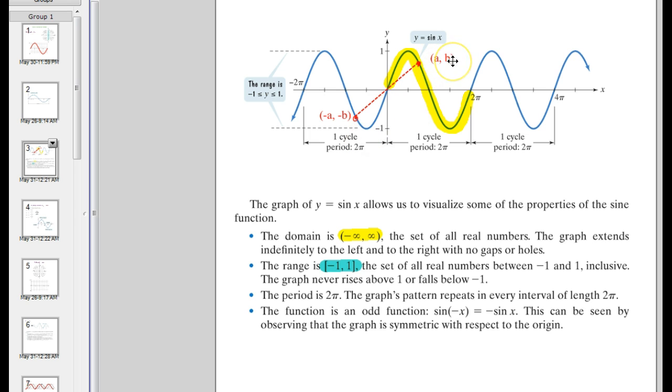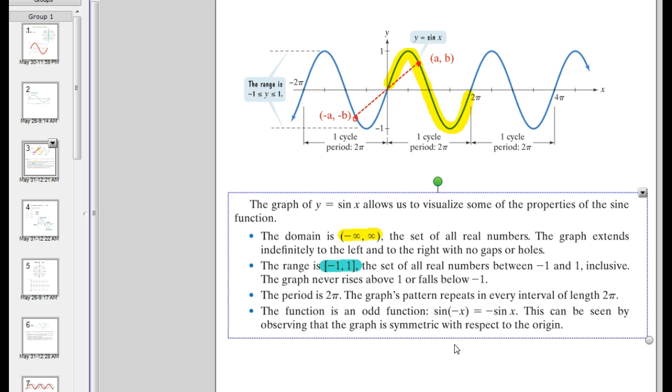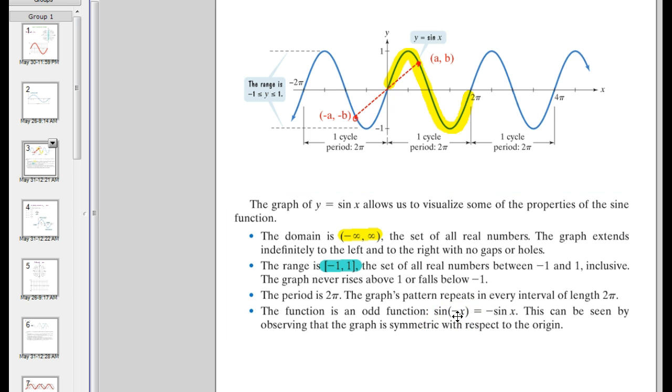So when (a, b) is on the graph of an odd function, (-a, -b) is on that graph as well. Okay, so that's a property of the sine function. This is saying the same thing, right? The input is the opposite of what we typically see, we usually just see it as an x. So the input's the opposite, and that results in the output being the opposite. So -x, -y, that's another way just to say what I was just saying.